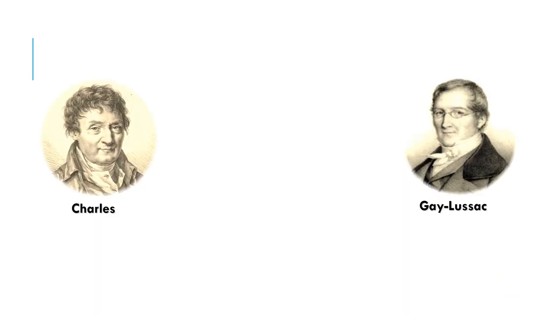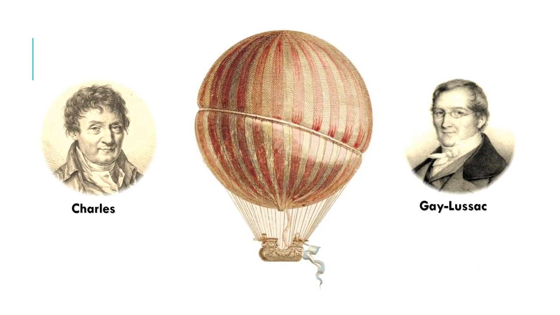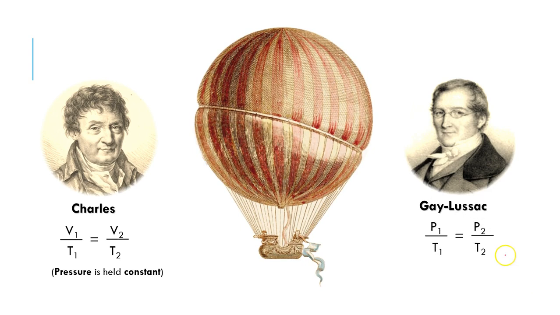Just a quick note, there is another law, which is the Gay-Lussac law. So where Charles came up with the temperature and volume, Gay-Lussac actually came up with a law which is much the same for temperature and pressure.